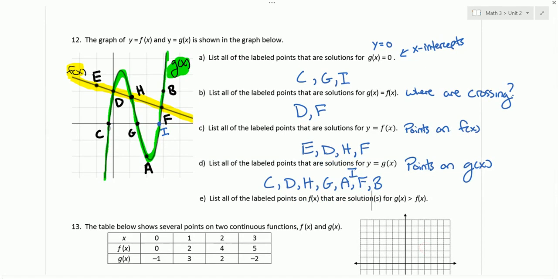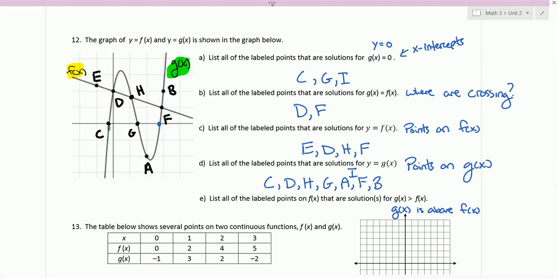E asks to list all the labeled points on f of x that are solutions for g of x is greater than f of x. So in other words, g of x is above f of x. I'm going to highlight the spot where g of x is greater than f of x.